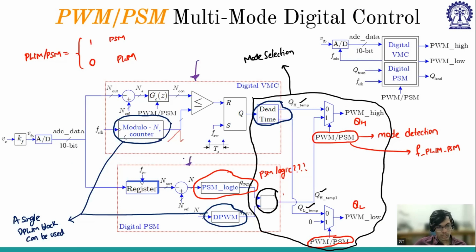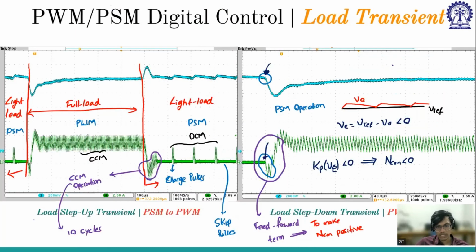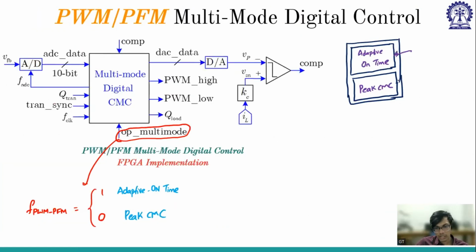But there could be many common blocks for both of them, which can be made into a single block, and only the output will be different. So there could be many common blocks followed by the output mode selection that we have discussed. Initially, to start with, we can imagine this as two different blocks: one is adaptive on-time and the other is peak current mode control.